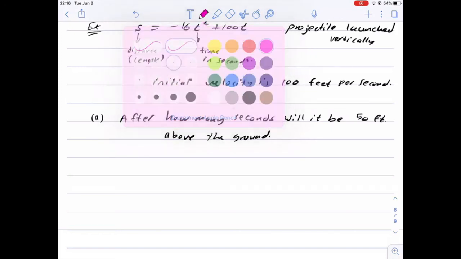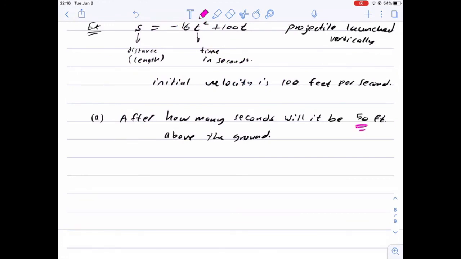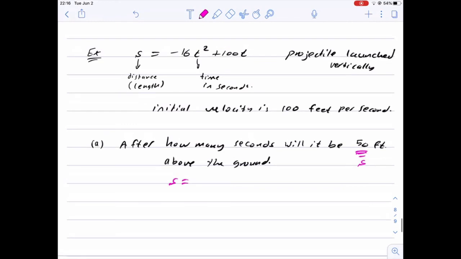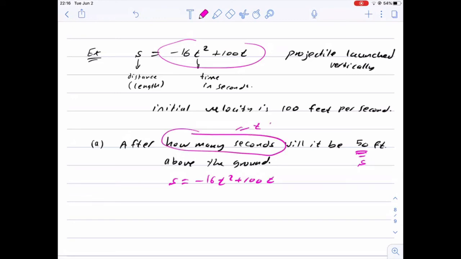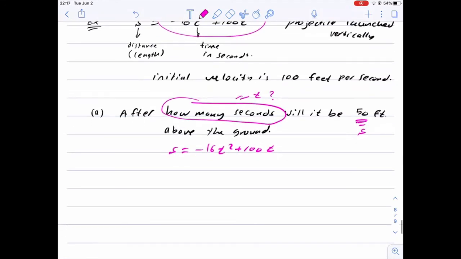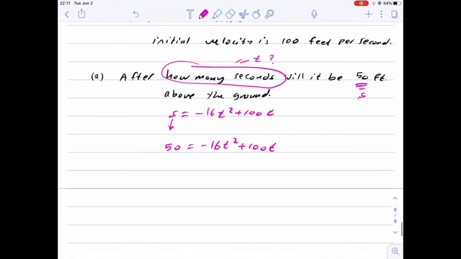So this represents distance or length. So this is S. So S is equal to what? Negative 16t squared plus 100t, and we're asked to find how many seconds. That means we're asked to find t. So we need to solve this. S is 50, so 50 equals negative 16t squared plus 100t.